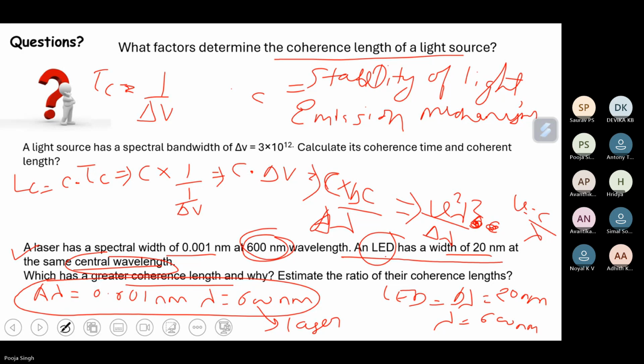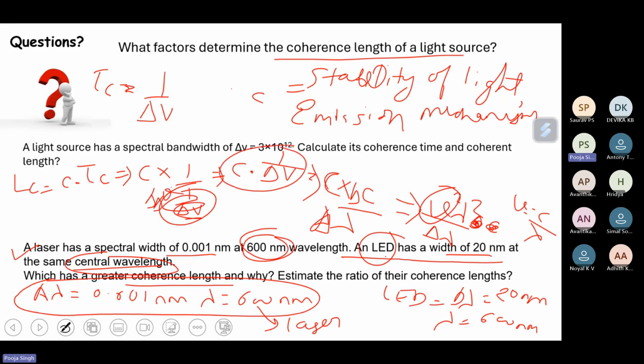So, the LC is equal to C into tau C, so C into 1 by delta nu, right? Here it will be nu only.